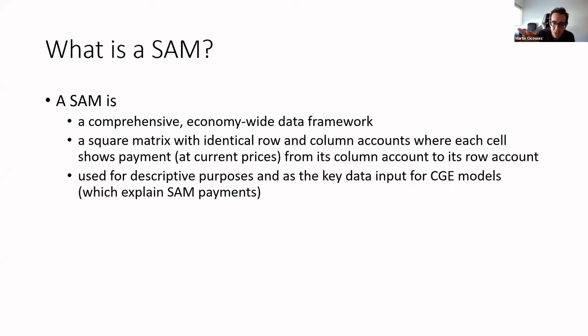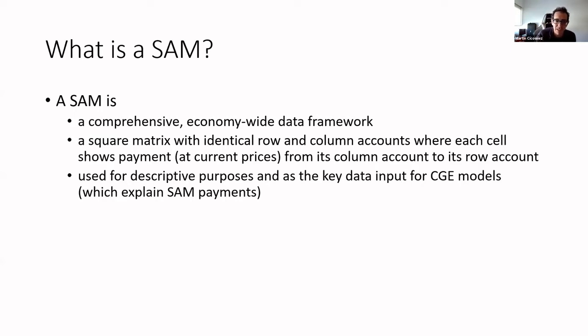If you look at the social accounting matrix, it is a square matrix in the sense that we have the same accounts in the rows and in the columns. And each cell of this matrix will show a payment from the column to the row. Okay, so that is what we are going to have in each cell of a social accounting matrix.